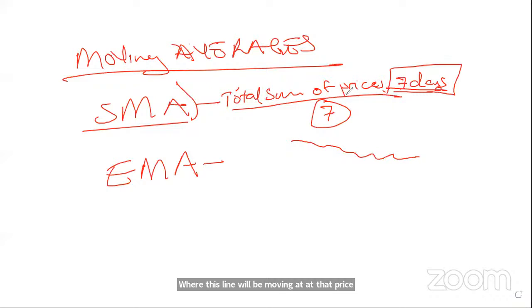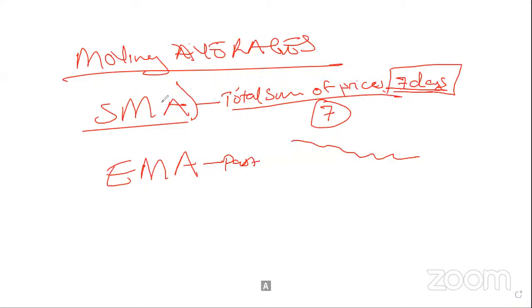But then when it comes to exponential moving average, this looks at more data. It will look at the past plus the present. So it will be the current price plus the previous price for a given period of time.